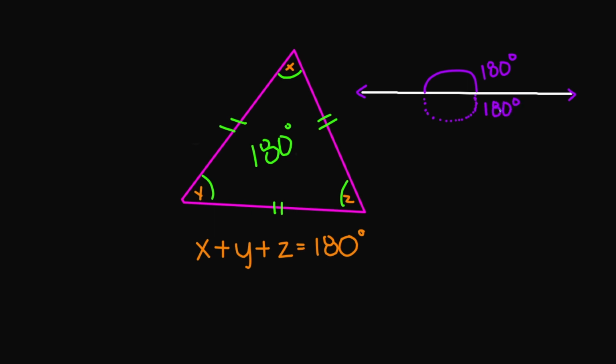If I combine my entire circle, that's going to equal 360 degrees. However, for a straight line, the angle is 180 degrees. If I complete the other half, that's another 180 degrees, and the entire circle is 360 degrees.